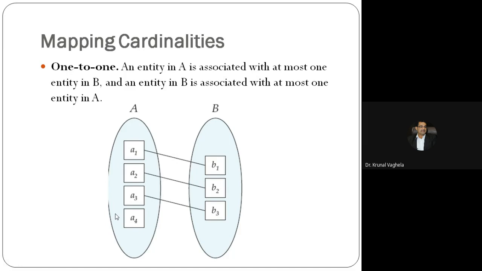Second example. In a bank, a customer can have only one bank account. If you go to the bank, the bank's rule is that a customer can have only one bank account. In the reverse direction, a bank account can belong to only one customer. No joint accounts allowed.